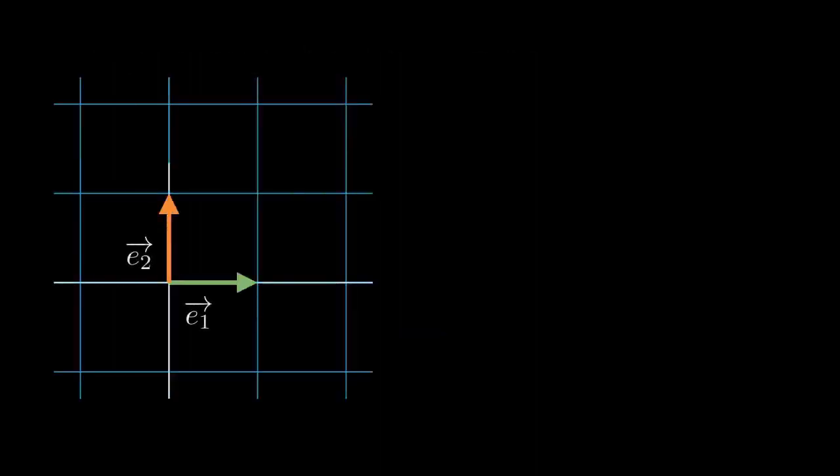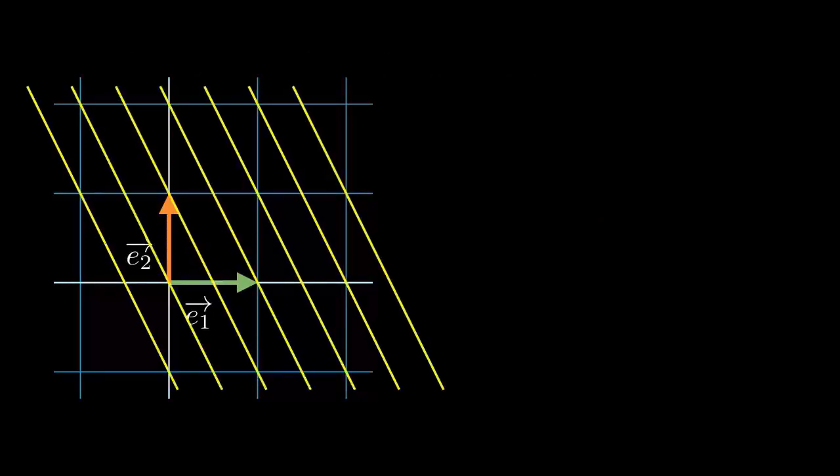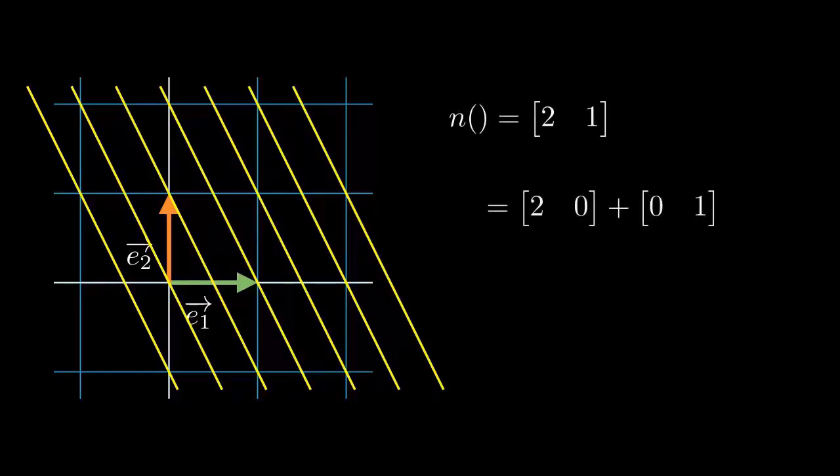Now let's try this on the normal function. This is your normal function. When d equals 0, the normal vector is like this, but you don't use that representation. As a matrix form, the normal function is a row vector. You can decompose it pretending there is a basis, x component only and y component only.